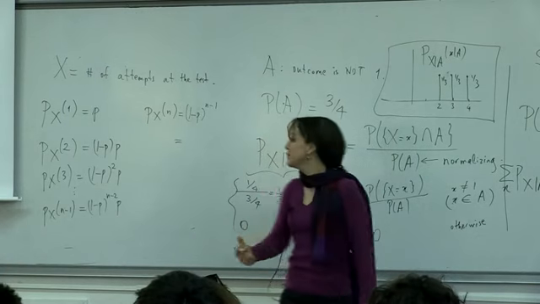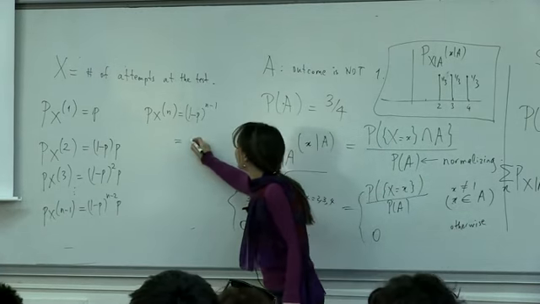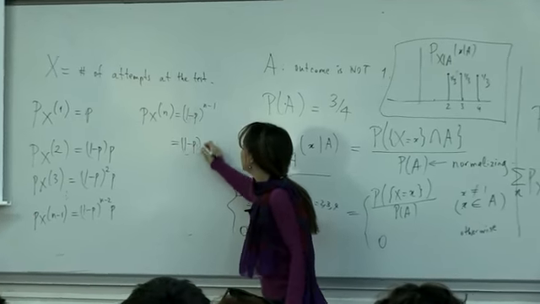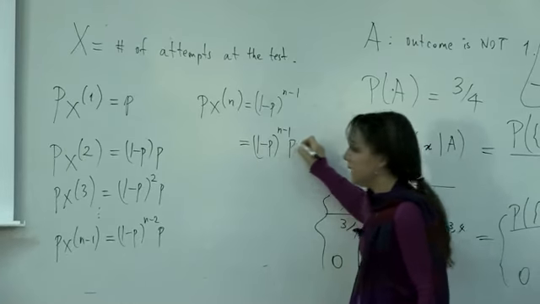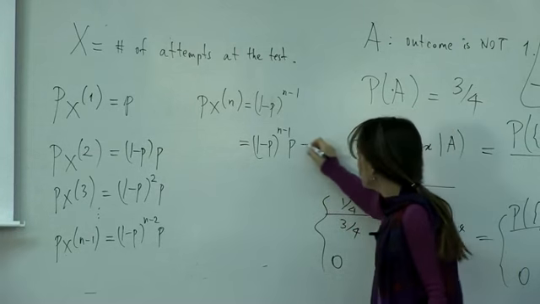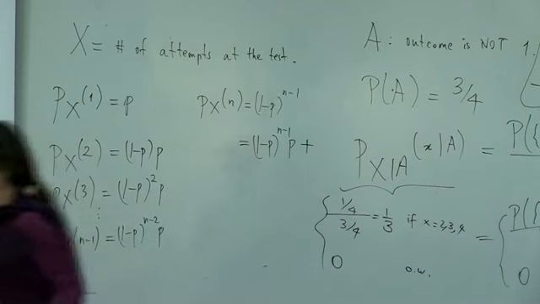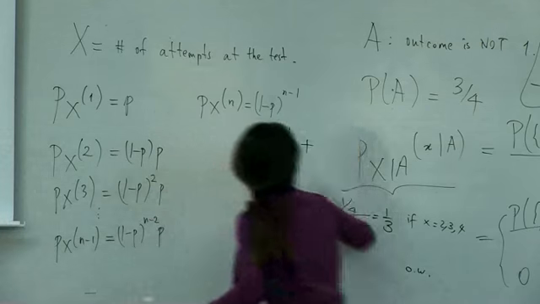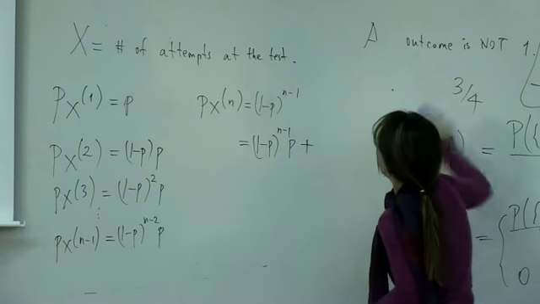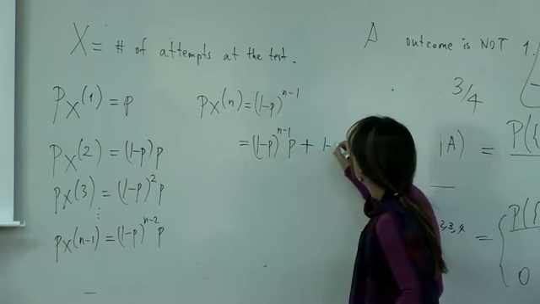Alternatively, we could have computed this using 1 minus p to the n minus 1 times p, plus what? 1 minus p to the n minus 1 times 1 minus p, which is 1 minus p to the n.